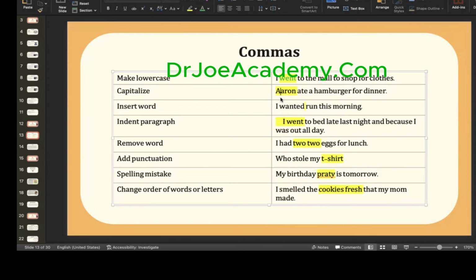So Hannah, if we're starting a sentence, do we put a big letter or a small letter? If we start a sentence, do we want to put a capital? Yes or no?